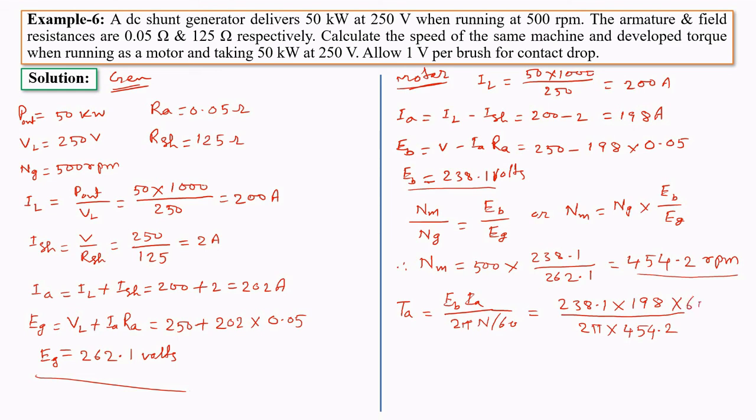So it can be multiplied in the numerator. And after solving, we'll get the torque of the armature in the motor as 991.2 Newton meter. So here are the speed of the motor and the torque developed in the armature of the motor. That is the answer. Thank you.